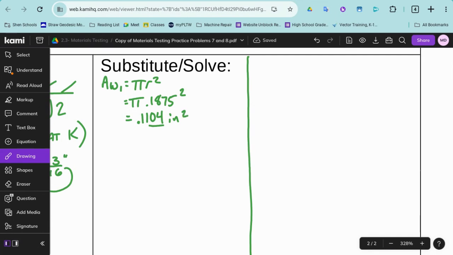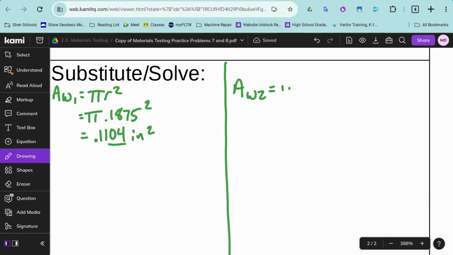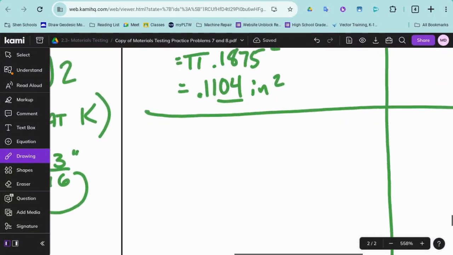Square inches. Our area for wire 2, again, pi r squared, where r equals 0.09375. And that is going to work out to 0.0276 square inches.